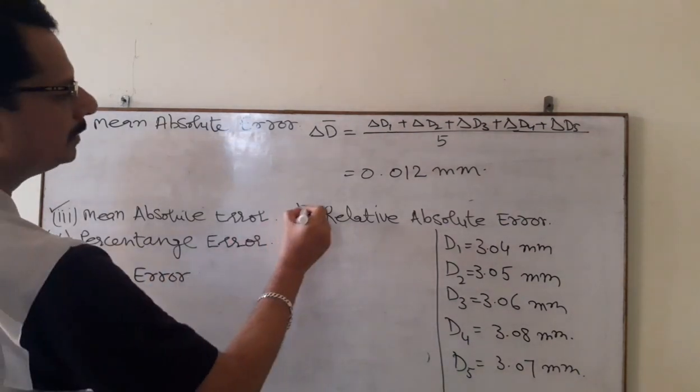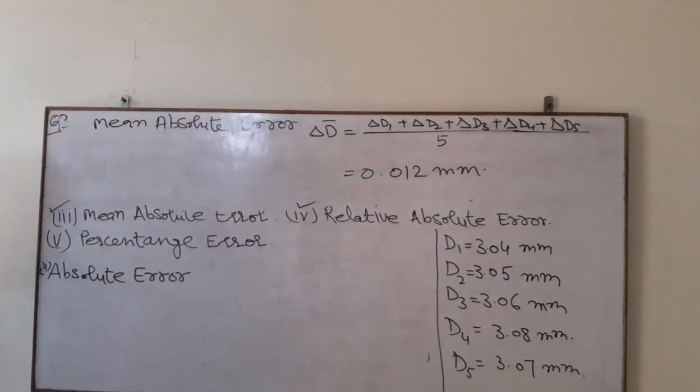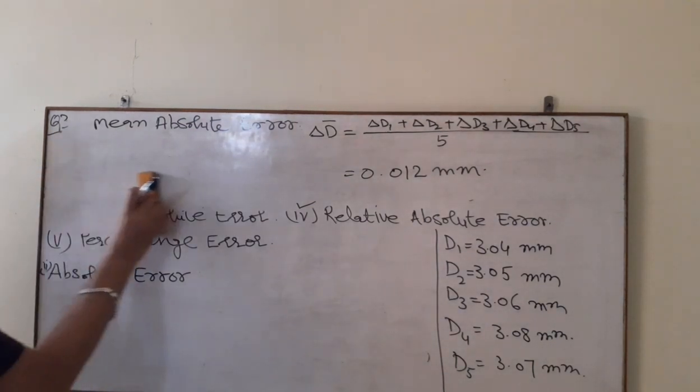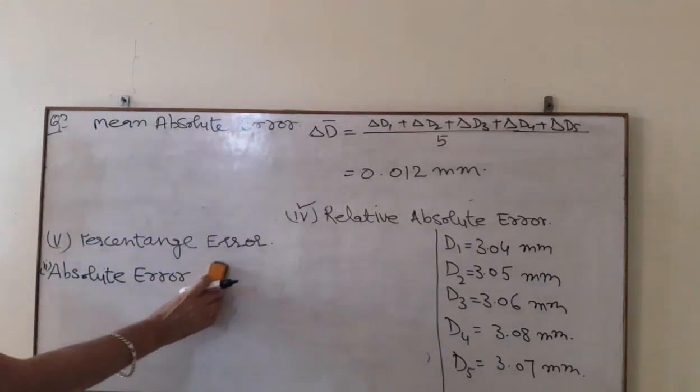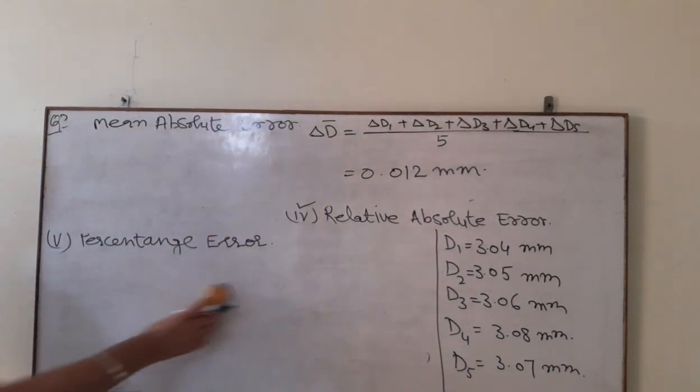So this is your mean absolute error. Next we are moving on to relative error. I am erasing this so that I can get some space here.